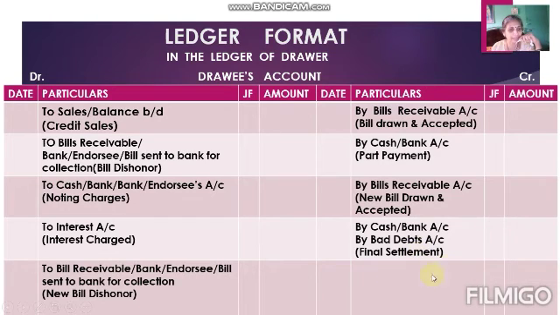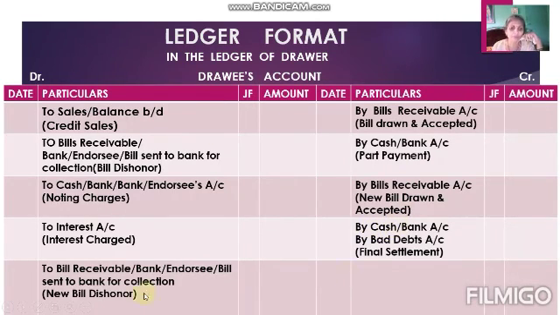Then for retirement, the entry in the books of drawer is cash or bank account debit, rebate account debit to bills receivable. Again, drawee's name is not there, so there will be no posting. From this we can draw the conclusion that for options, honor and retirement there will be no posting in the ledger, because no entry involves drawee's name in the books of drawer.